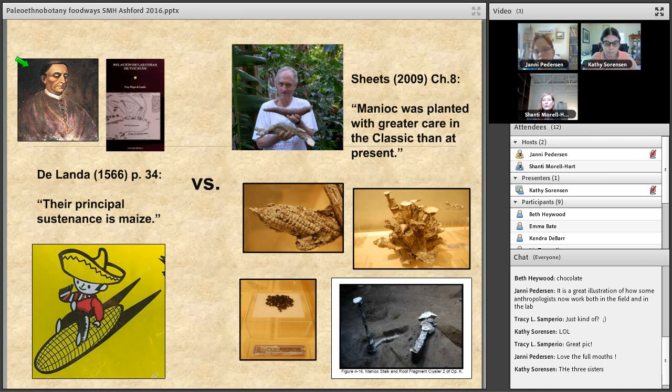Below the image of Payson Sheets with the manioc, you can see some images of some of the things that they recovered from Joya de Cerén. There's an image of some charred beans on a little pedestal, and the other three images are all plaster casts. Similarly to what they did at the site of Pompeii in Italy, as they were excavating, they found these little holes in the excavation units.